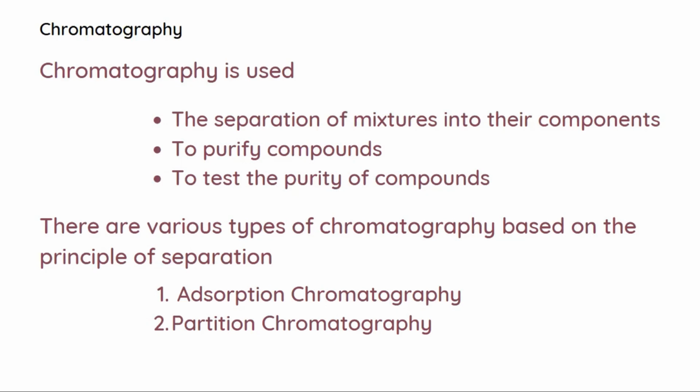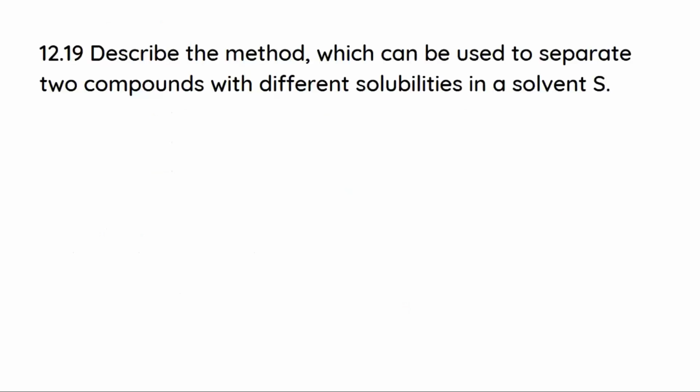Based on that, you have two types of principles: adsorption and partition. Adsorption is mainly to do with the adsorption of that particular substance on silica or the stationary phase. Partition is basically the division of the particular substance in both the mediums. We had discussed all of this in detail, and chromatography is also used for the separation as well as the purification of compounds. It also helps us to test the purity of the compound.